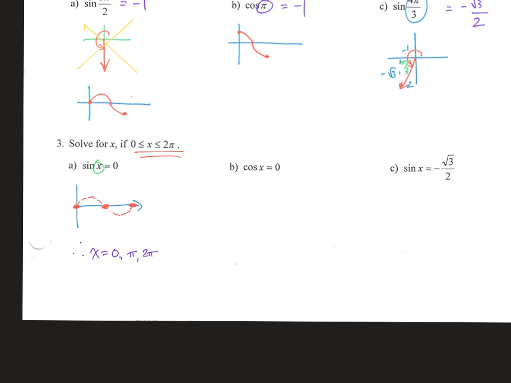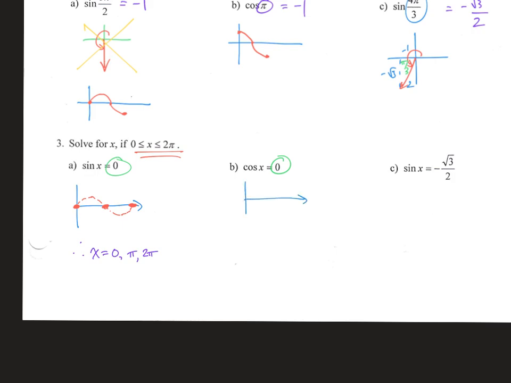You take a look at B. B is asking the same sort of thing. Now let me clarify. I circled the wrong thing, and it might have been a little confusing for some people back in A. Really what my focus should have been on is the value of that sine ratio. So let's take a look at B again. I notice that cos equaling 0, 0 is a key value on my graph.